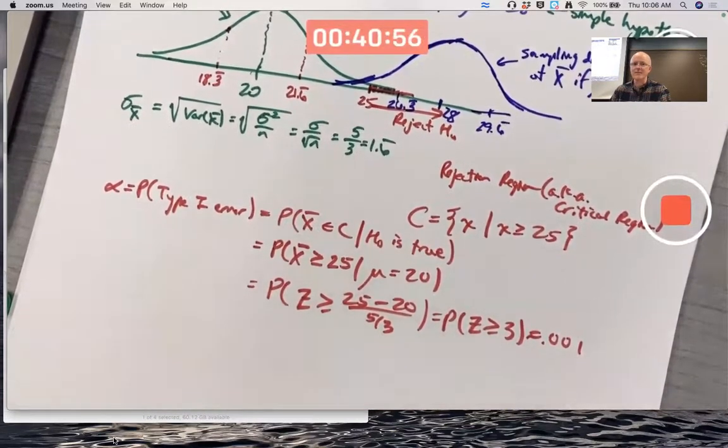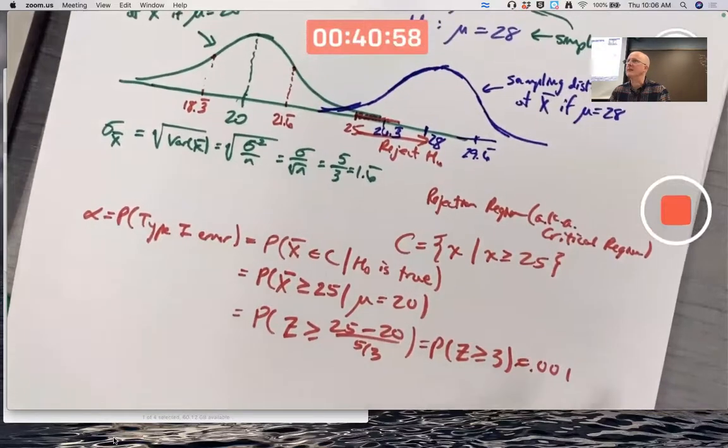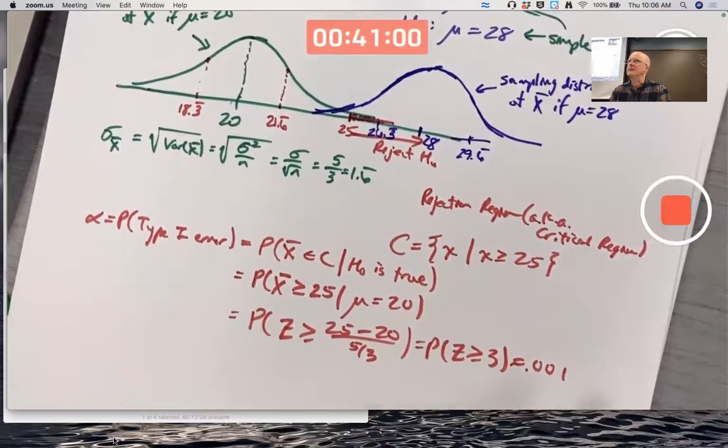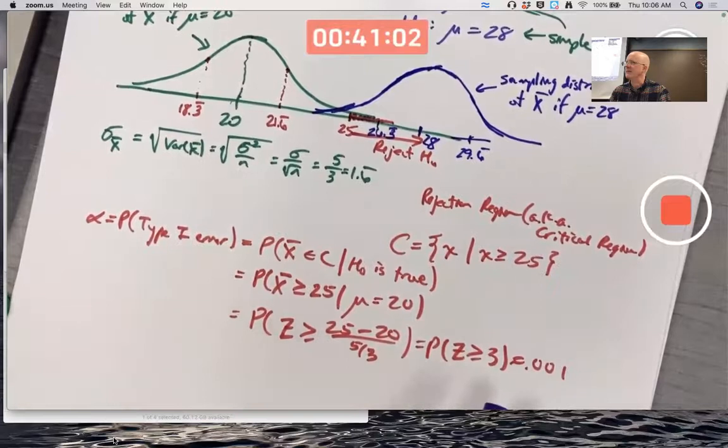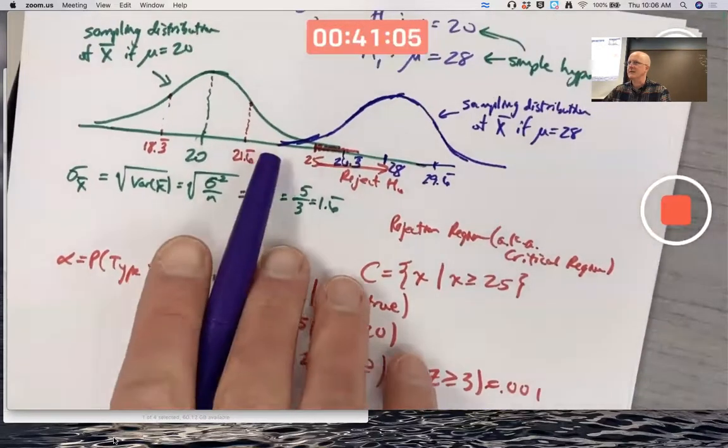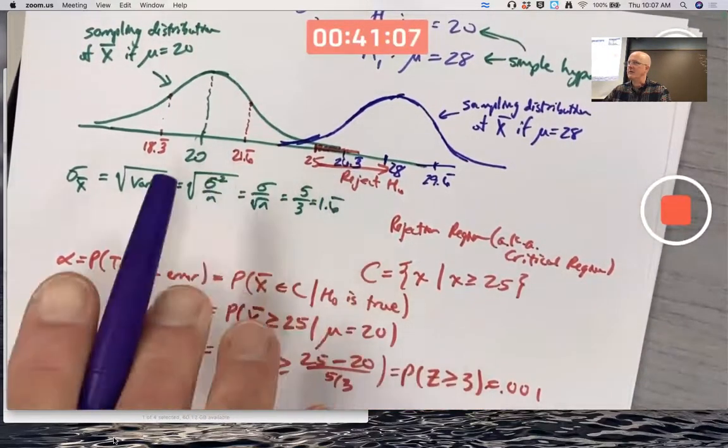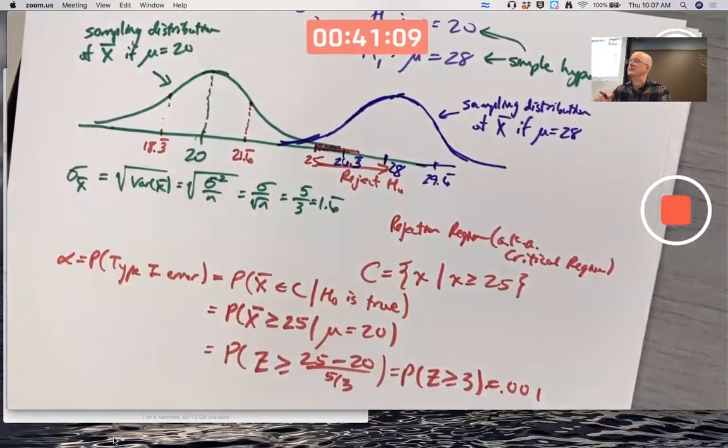If alpha were 0.05, you use z sub 0.05 to figure out a point where the area to the right under a standard normal curve is 0.05. That would be 1.645, I think, right?